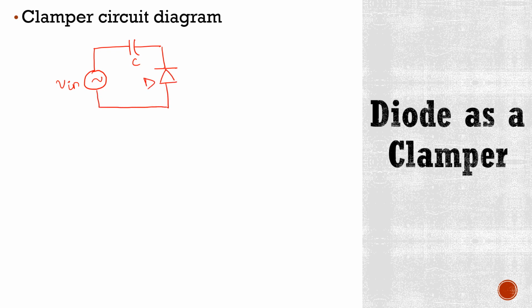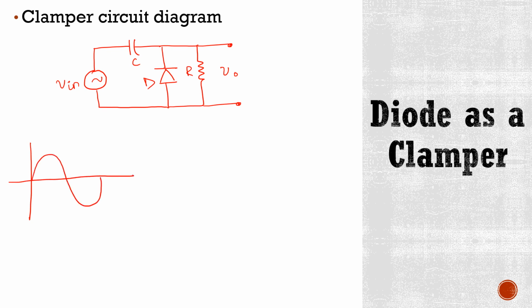Now, in parallel to this diode, a resistor is connected, and the voltage drop across this resistor is V0, which is the output voltage. Now, if this is the input signal, suppose this positive peak is plus Vm and here this negative peak is minus Vm. This is the input signal.